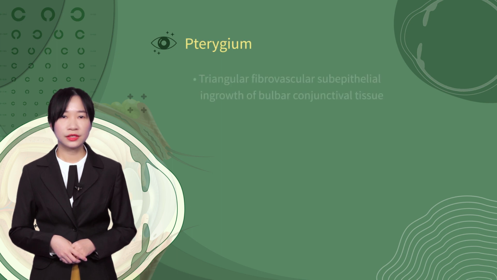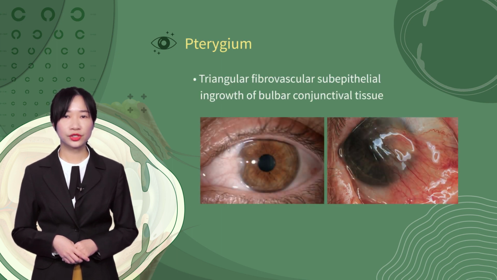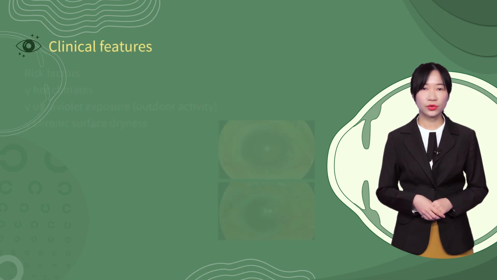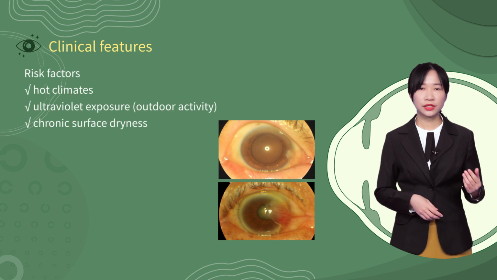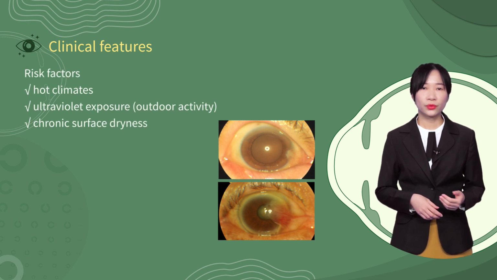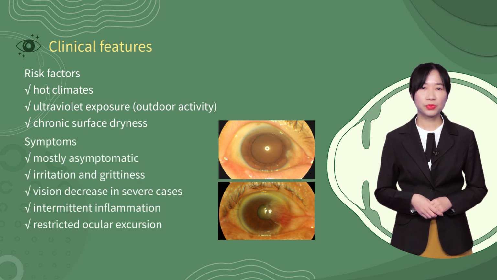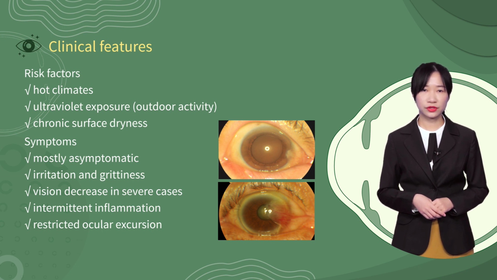A pterygium is a triangular fibrovascular subepithelial ingrowth of degenerative bulbar conjunctival tissue over the limbus onto the cornea. It typically develops in patients who have been living in hot climates and may represent a response to ultraviolet exposure and to other factors such as prolonged dry ocular surface.